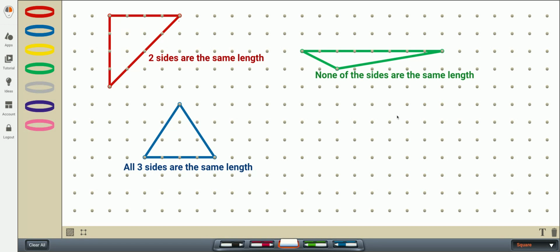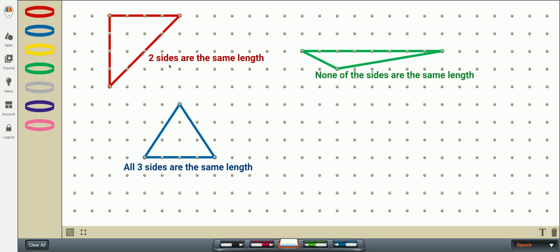Now, there's another way we can sort triangles. One way was by the kind of angles they have, but another is how many matching sides the triangle has. For example, this triangle has 1, 2, 3, 4 units on that side and 1, 2, 3, 4 on this side. Both this side and this side are the same length.